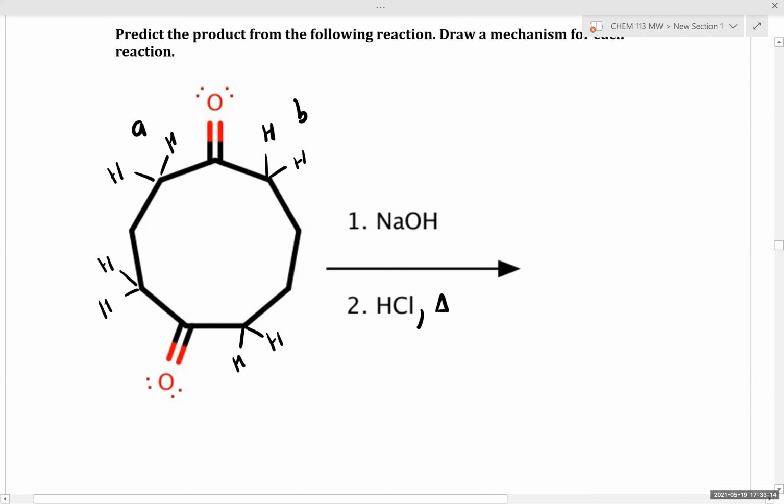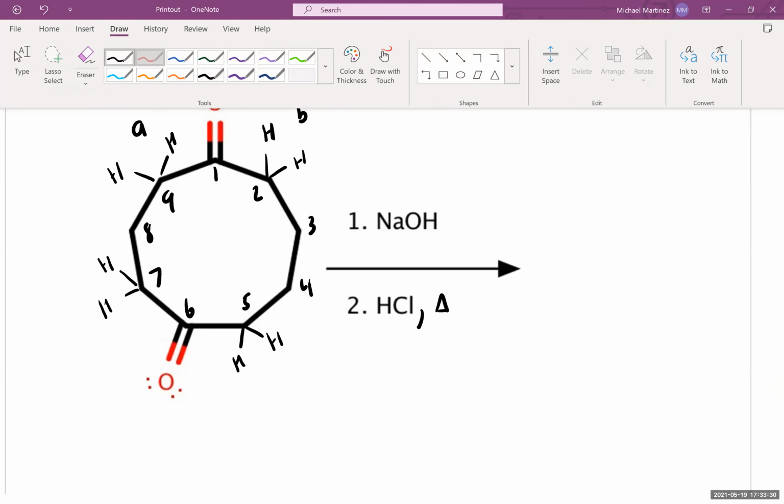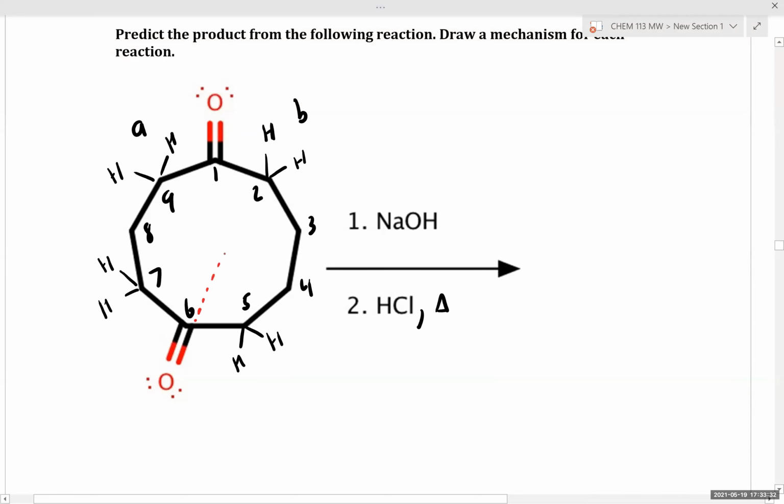Now, for intramolecular reactions, it's important that you really label your carbons. So this is a 9-membered ring. And what I like to do to gauge whether an intramolecular reaction is reasonable is draw a line between my nucleophilic enolate carbon and my electrophilic carbonyl, and then count my ring size.